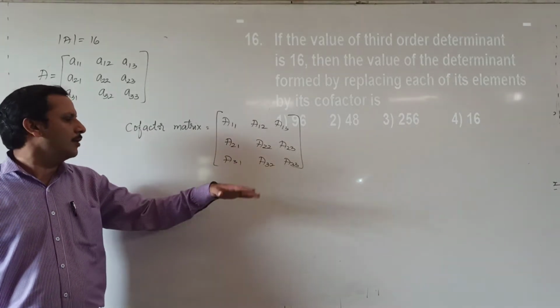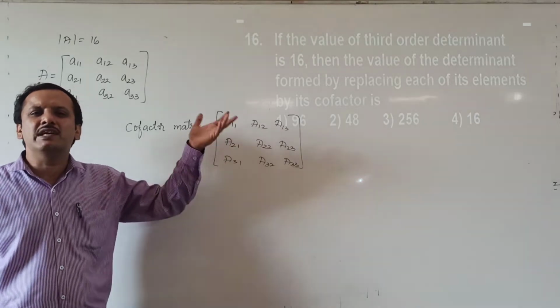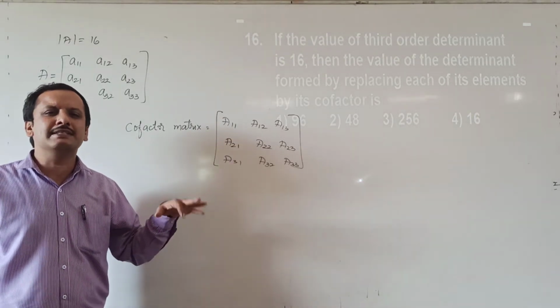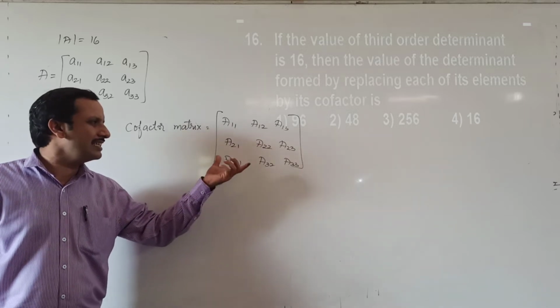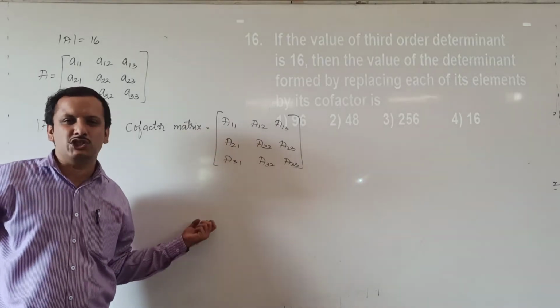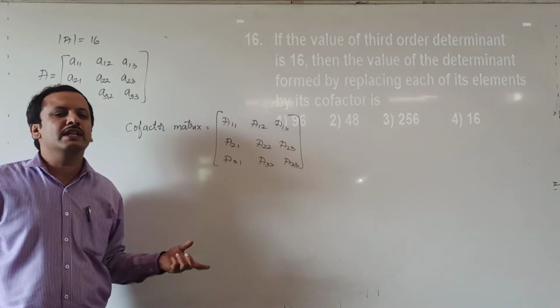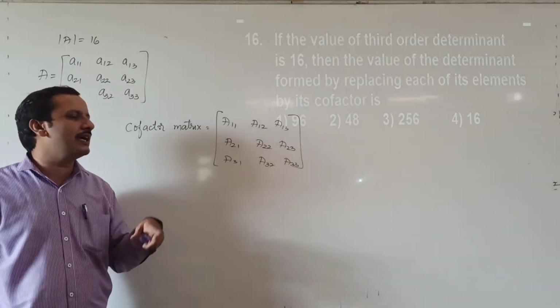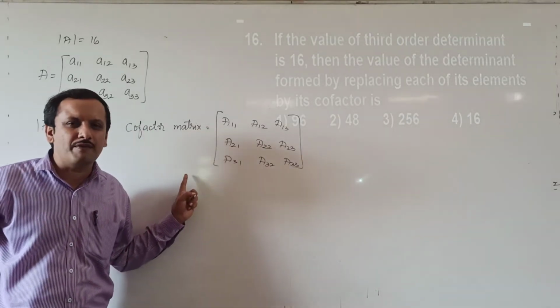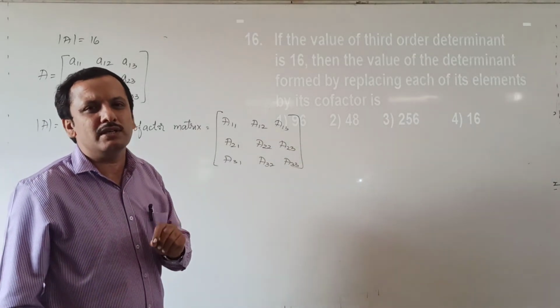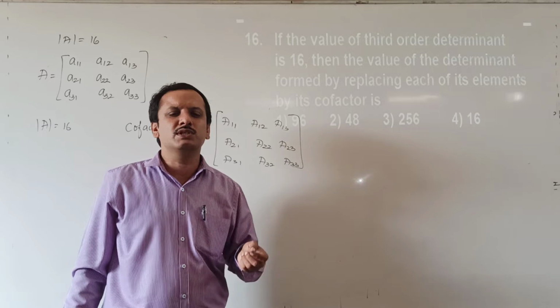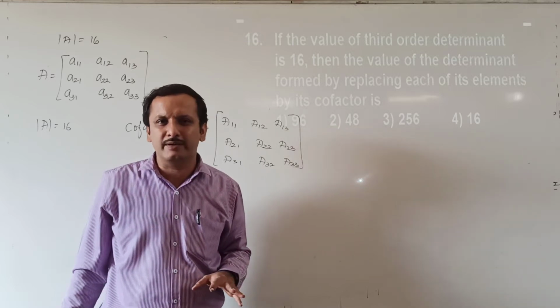We are asked to find the determinant of this matrix. Now, from this matrix only we get adjoint. Adjoint of A is the transpose of the cofactor matrix, right? By taking the transpose of this, we get adjoint. And therefore, the determinant of adjoint of A is same as the determinant of the cofactor matrix, because you know that in a determinant, if you interchange rows with columns, there is no change in the value of the determinant.